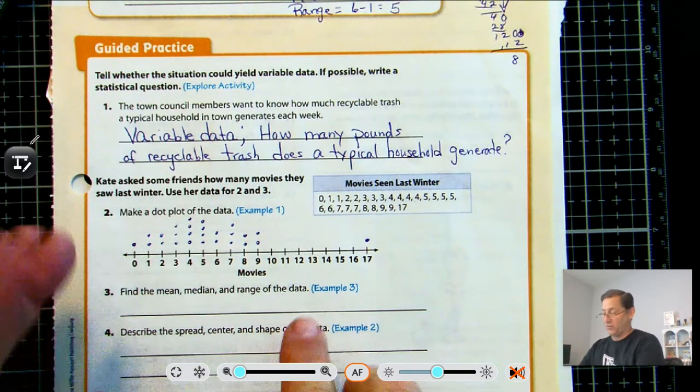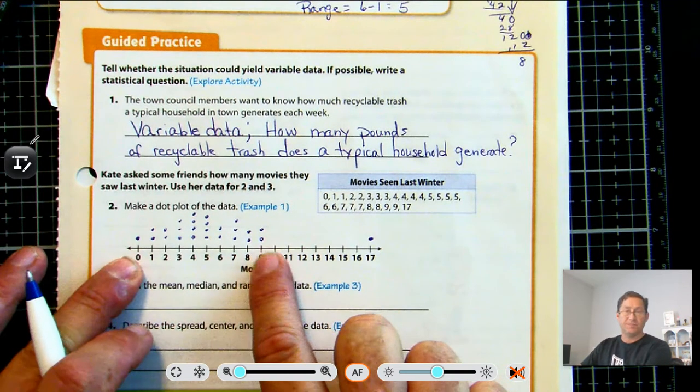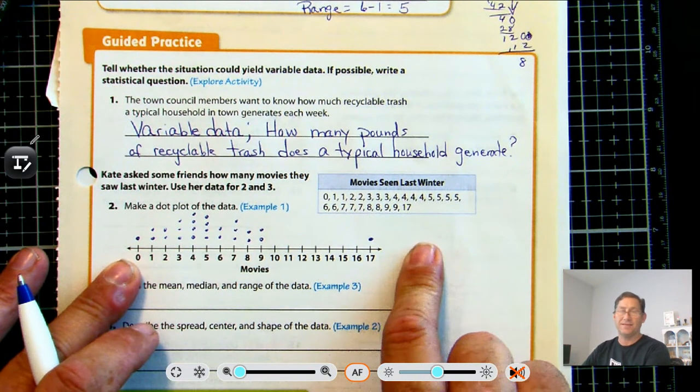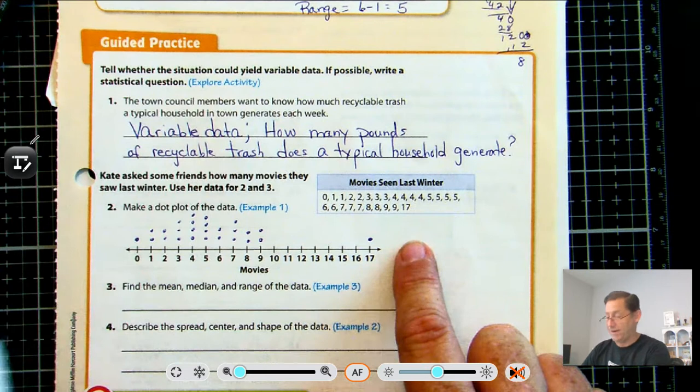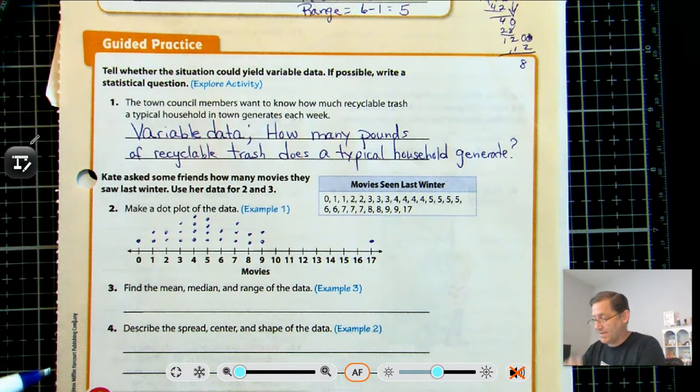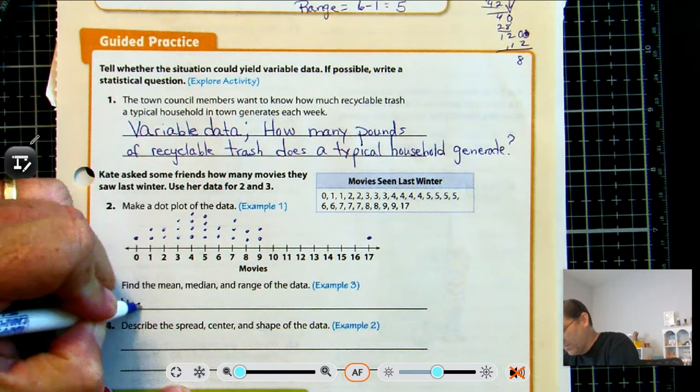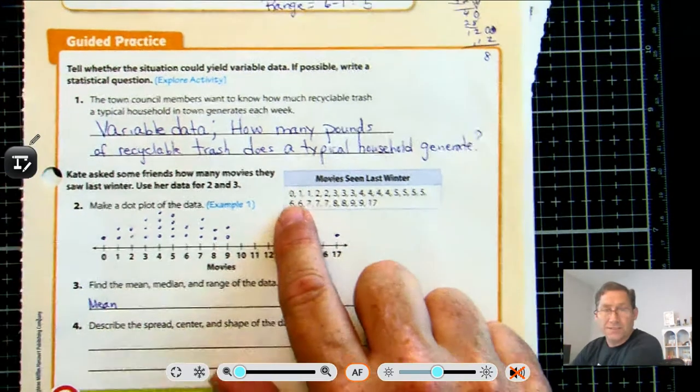So you see all the data is clustered way over here from 0 to 9, and 17 is off by itself. So it appears that 17 is an outlier, right? Find the mean, median, and range of the data. So the mean, we could probably just add these up.